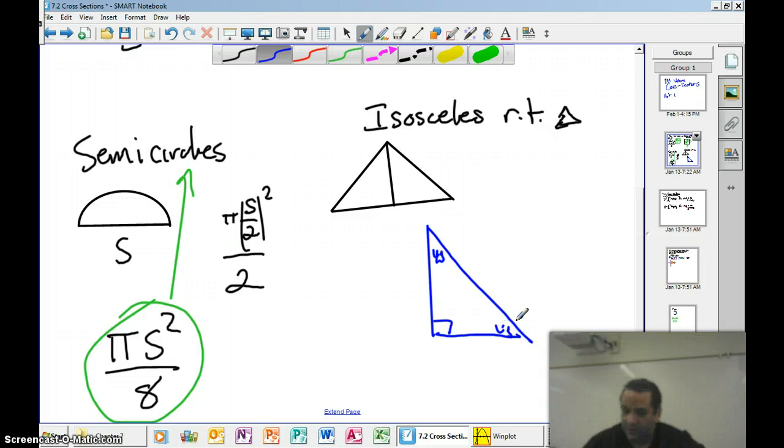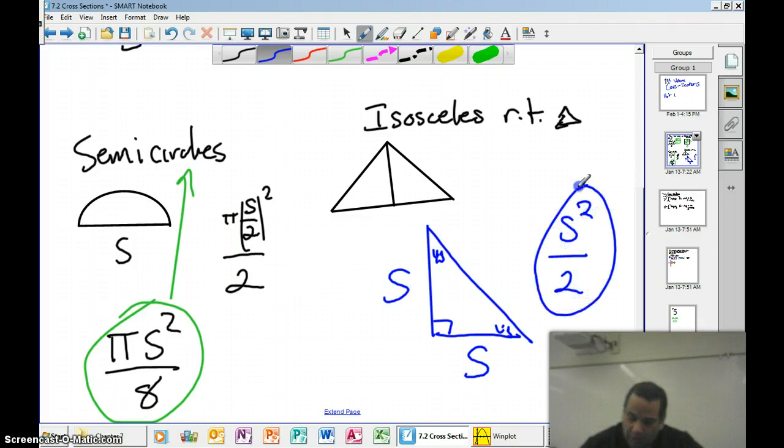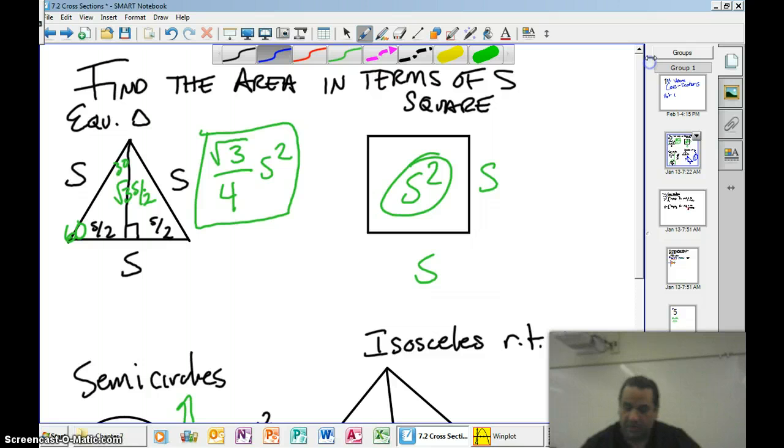And if I called these two S and S, what's the formula? 1/2 base times height. So it's S squared over 2. So those are the formulas. This is one formula for the isosceles right triangle. That's for the semicircles, for a square, and for equilateral triangles. You might say, well, why the heck do you need that? Well, let's look at this next problem.